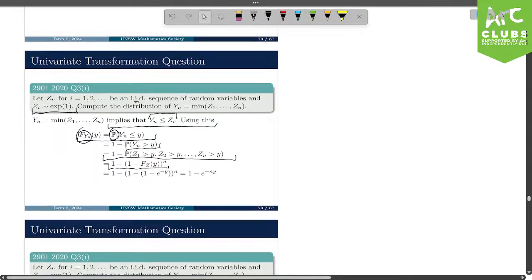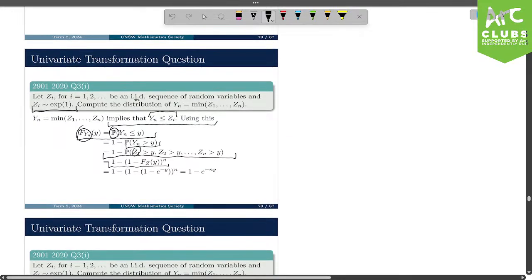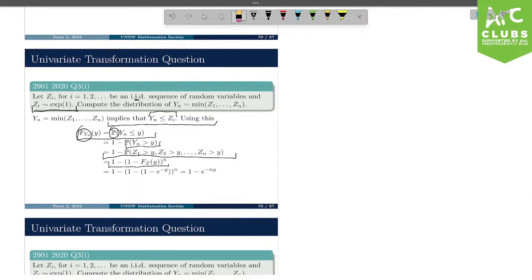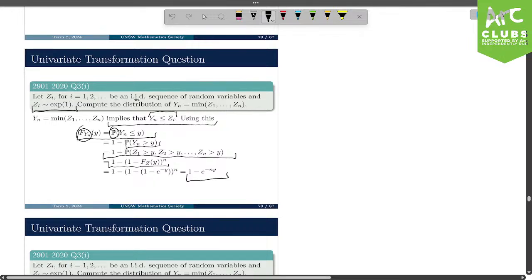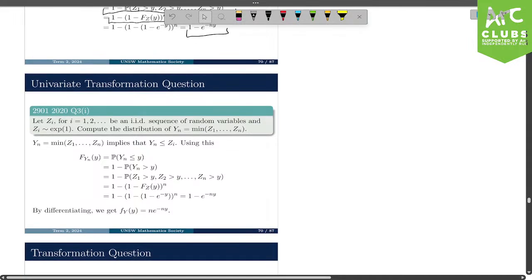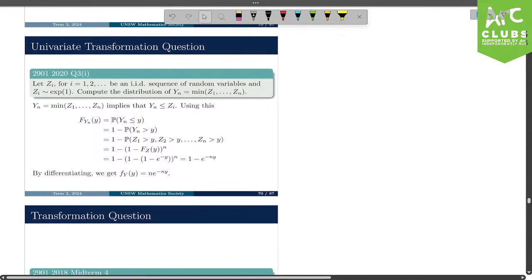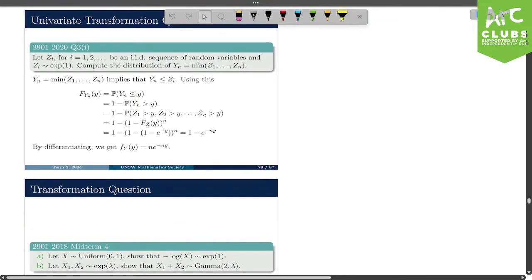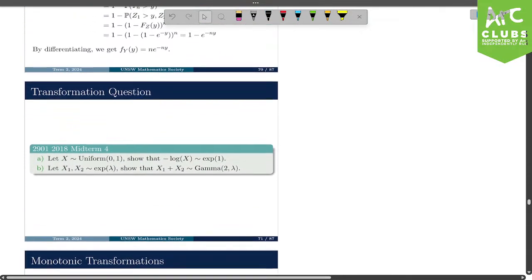So by doing this, I can replace with z, and by replacing with z, I can then bring in the cumulative distribution function of z, which makes it a lot more intuitive. Anyways, we end up with 1 minus e to the minus ny. Okay. And so for the PDF, we differentiate it, we end up with n e to the minus ny.